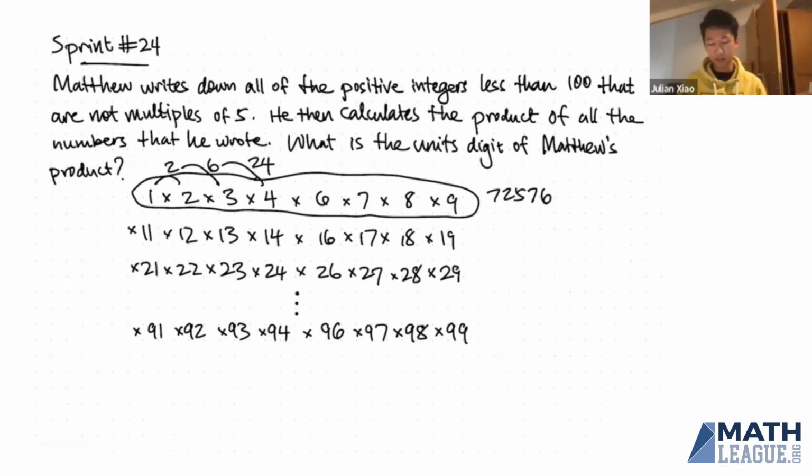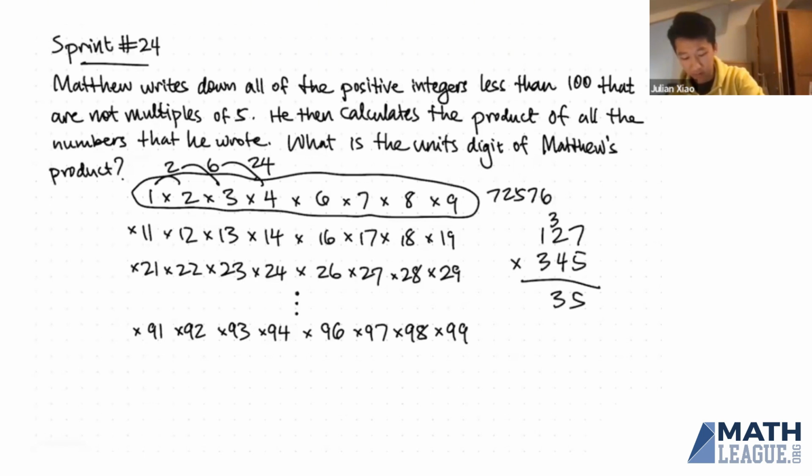The trick with this problem is that if you have a product of some large numbers, like, for example, 127 times some other really big number, it's not that big, but it's still kind of annoying. If I wanted to take the product, you would do the standard long multiplication strategy, and you would eventually get to an answer.